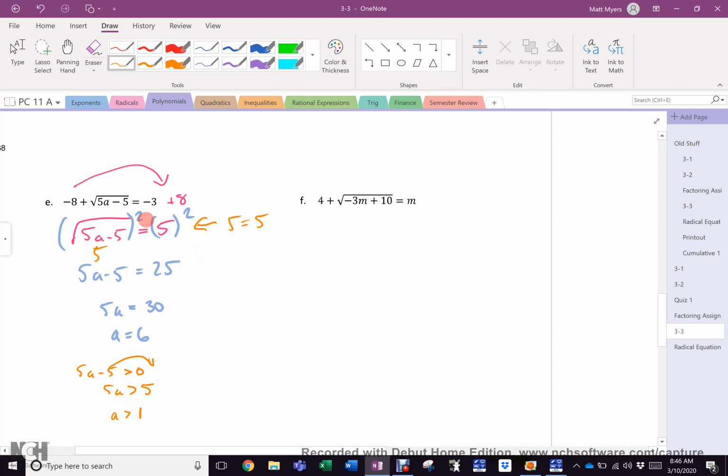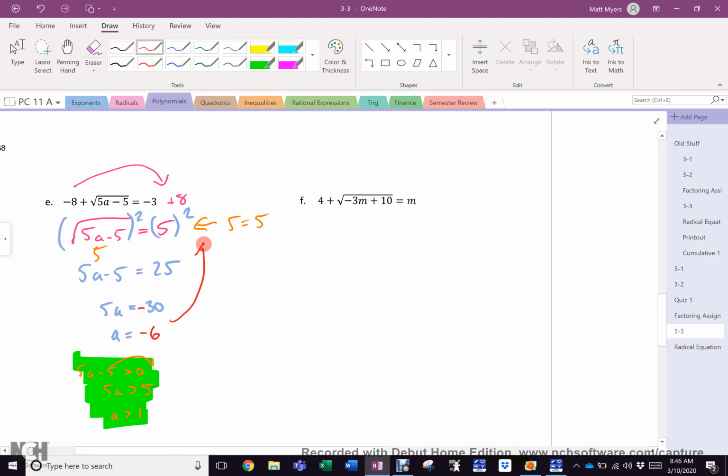Now, the reason we do this part, if we do this first, and we find that A has to be greater than 1, and we do all of our math here, and we find, let's say, for example, that this was negative, so A would be negative 6. A has to be greater than 1. Is this greater than 1? So would we even need to check it if we got that as an answer? No. That's why we check restrictions first.